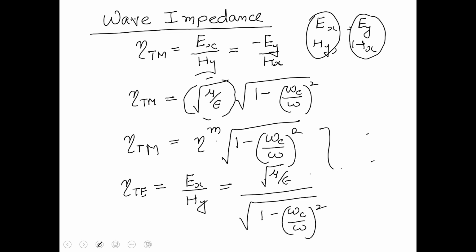Both these terms are very similar to what we got for parallel plate waveguides, except the only difference is the omega c term. When you're calculating the cutoff frequency for the mode, that has another term in it, the n pi by b term too. Any questions? All right.